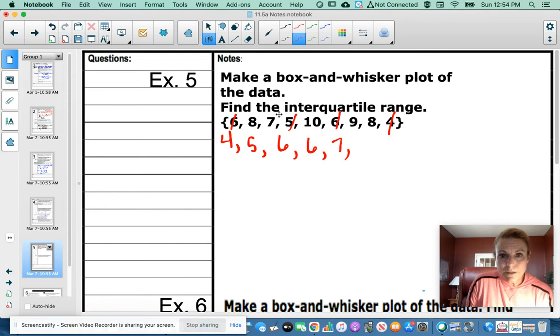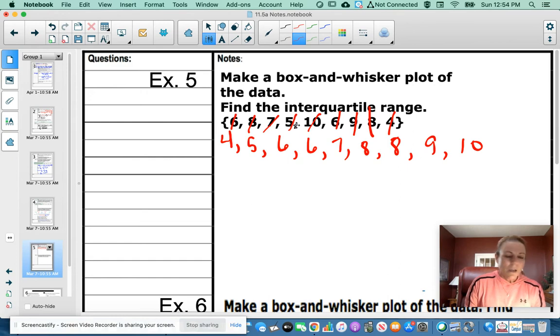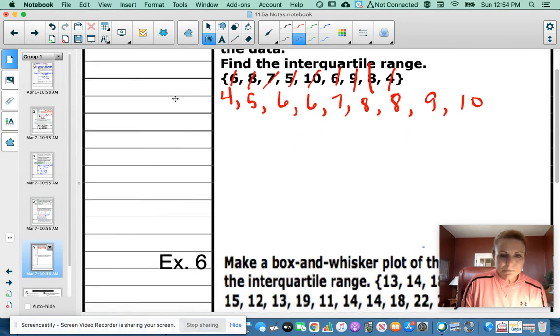There's a 7 and an 8 and another 8 and a 9. Perfect. Then I check, oh, I checked because I forgot the 10. 1, 2, 3, 4, 5, 6, 7, 8, 9. Perfect.